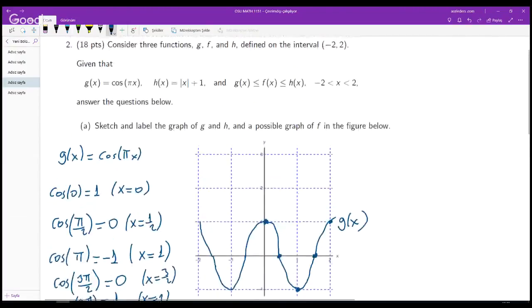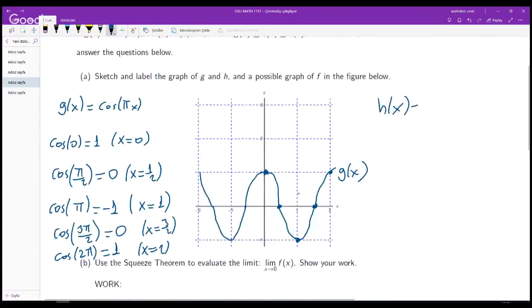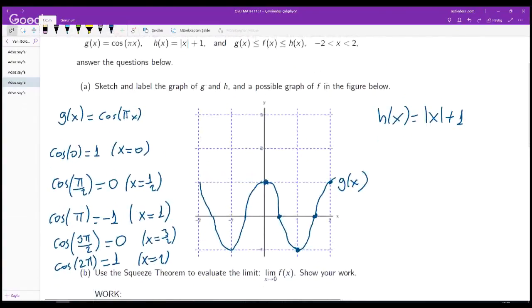And the second one, h(x), which is absolute value of x plus 1. First, I will sketch the absolute value function. So absolute value of x equals x when x is greater than or equal to 0, as you know. And the absolute value of x equals minus x when x is smaller than 0. So I sketch y equals x. This is just this line when x is greater than or equal to 0.